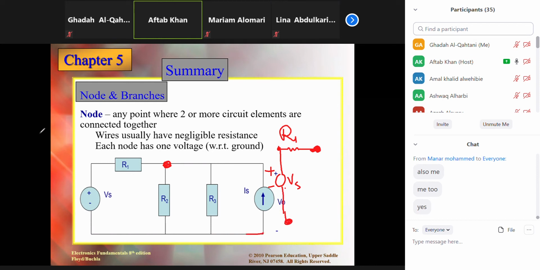Yani this is the same point. Let's say this is A and this is B and this is C. Now from the C, these are all the same, you know, this is just a wire. Can't I connect this R2 between this and this? Any problem?